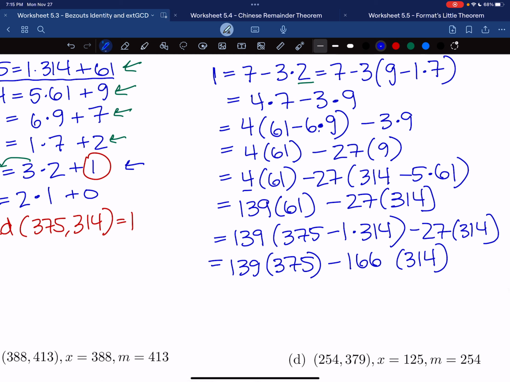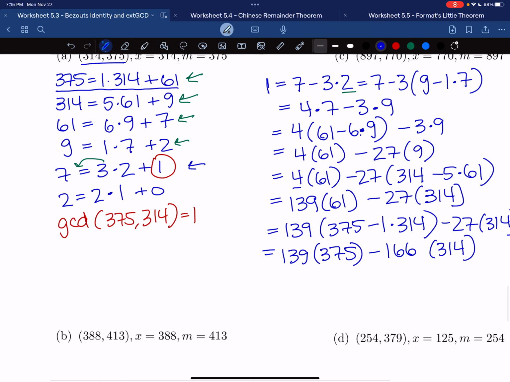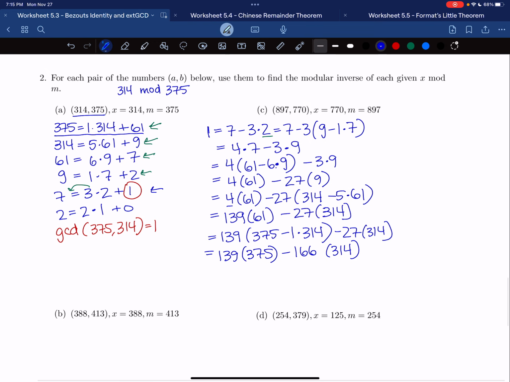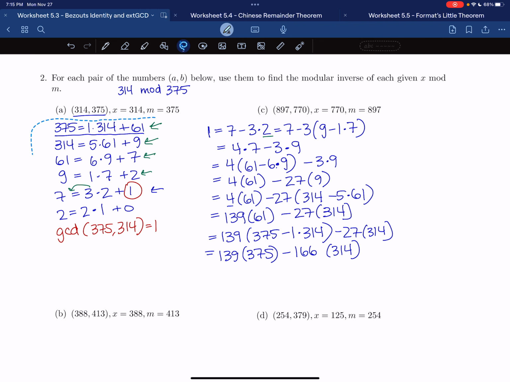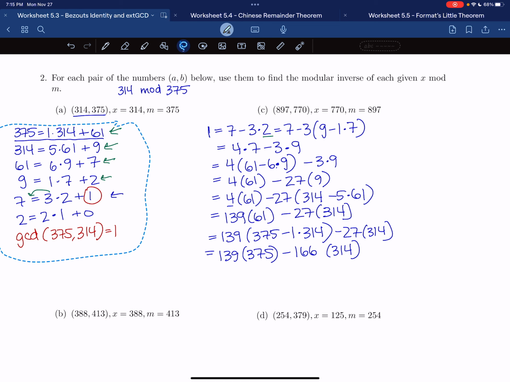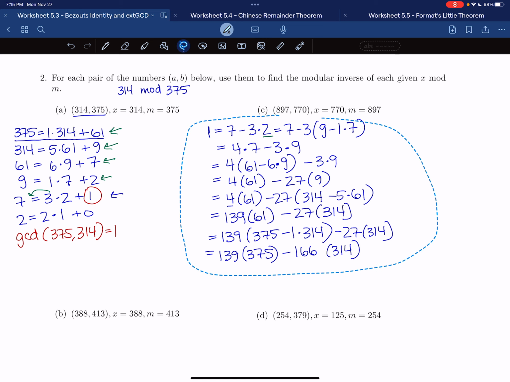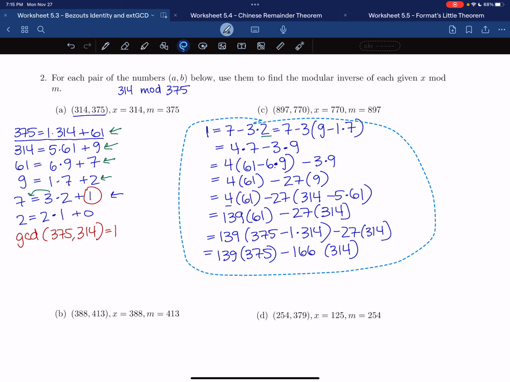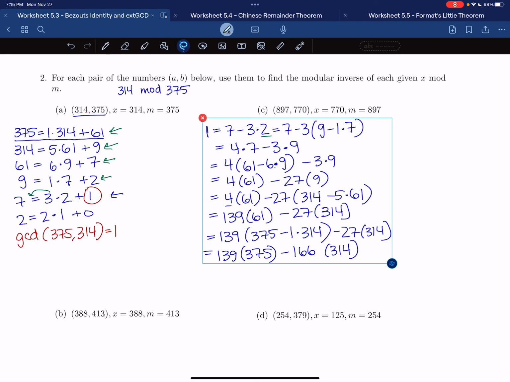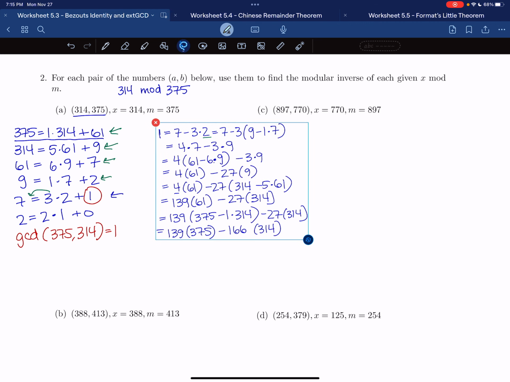Okay, so what we see is, I'm actually going to shrink things down so that we can take a look at all of this in conjunction. I'm going to move this over. I'm going to make this a little bit smaller just so I can have a little bit more space.